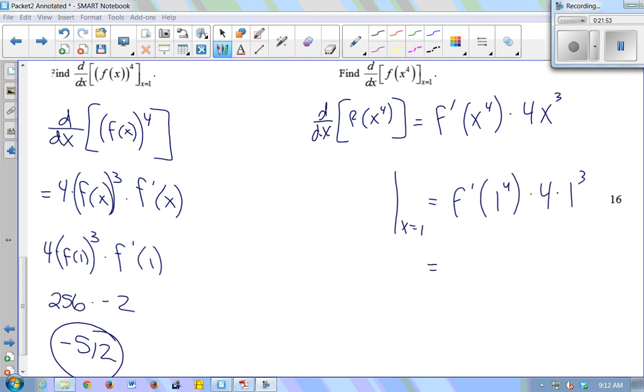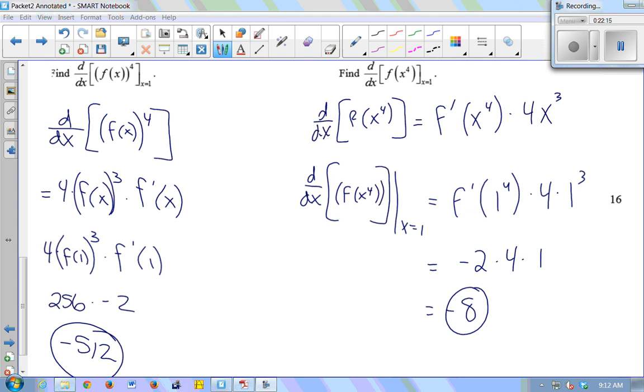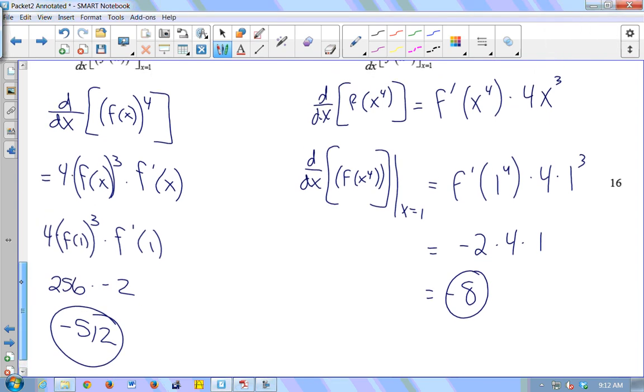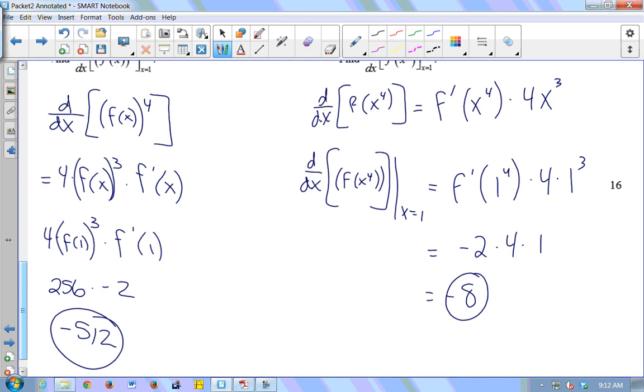So f prime of 1, that's negative 2, times 4 times 1 is negative 8. Any questions?